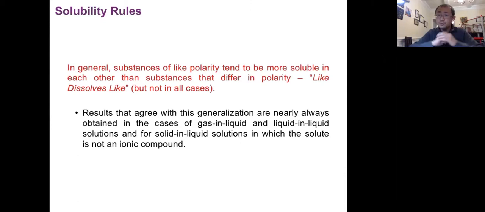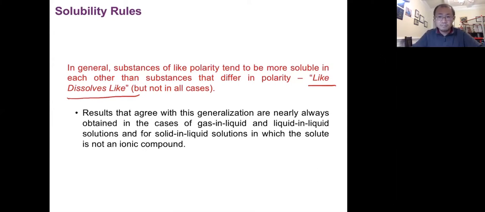In this topic, we have 2 subtopics. The first one is most substances, their solubility. Again, what is solubility? Solubility is how much solute can dissolve in a certain amount of solvent under certain conditions. Whether or not they could dissolve, or how much they can dissolve, is determined by a rule. This rule is called an empirical rule because it's summarized by experience, called like dissolves like.